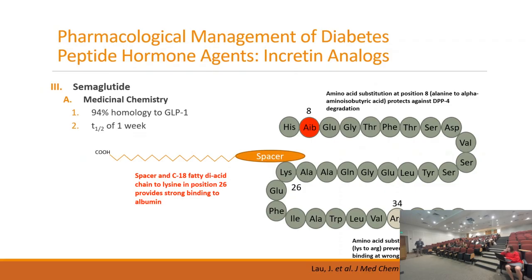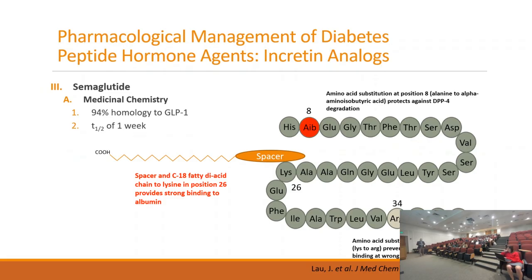A couple of things here contribute to that very long half-life, at least two things. We've got an amino acid substitution at position 8. There are a couple of amino acids before this that aren't shown, but at position 8, there is typically an alanine residue.